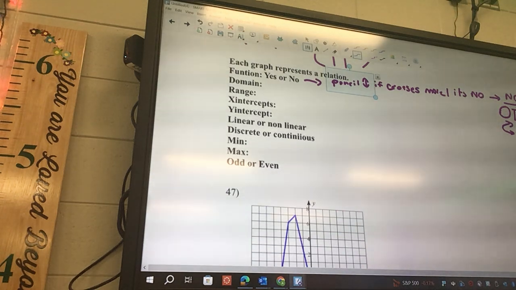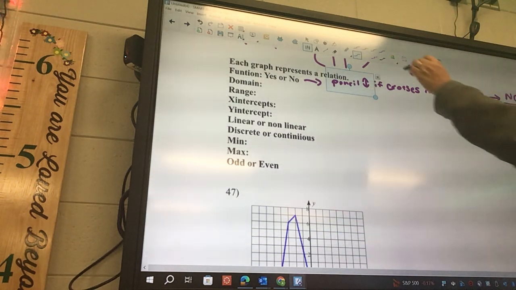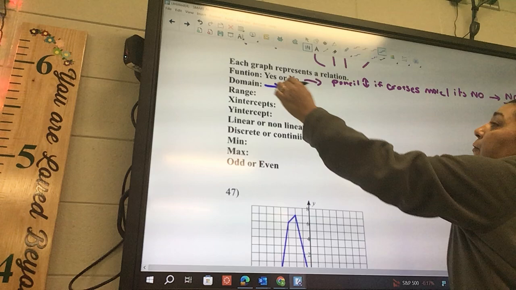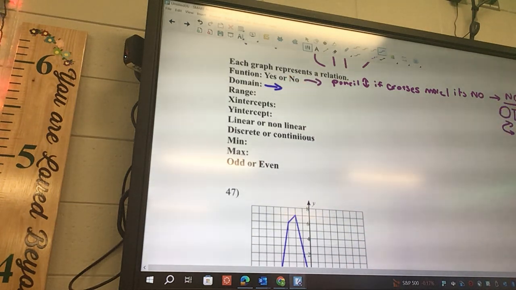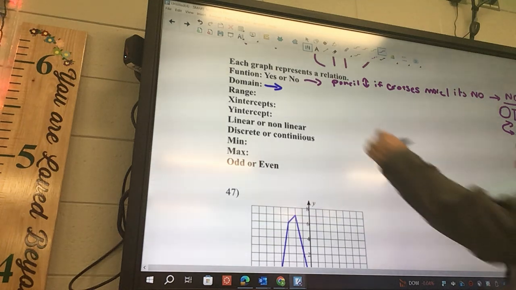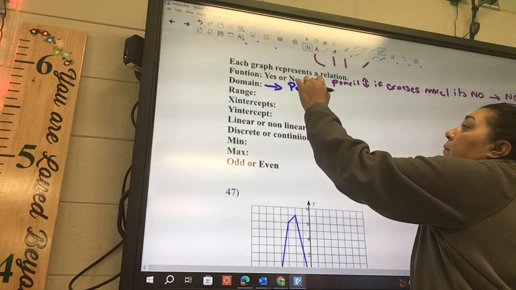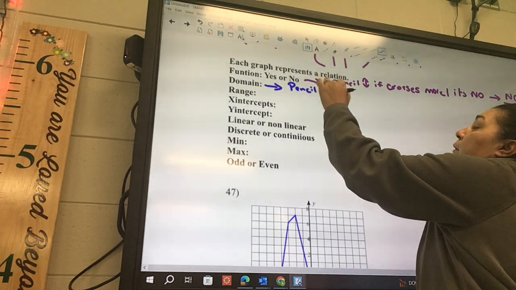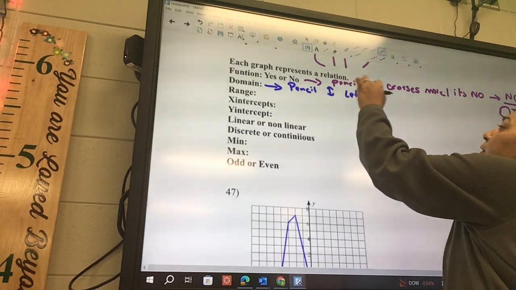Okay, the domain. Which way should your pencil go for the domain? Up and down. Okay, so we're gonna go from left to right. Our pencil's gonna go up and down. We go from left to right.